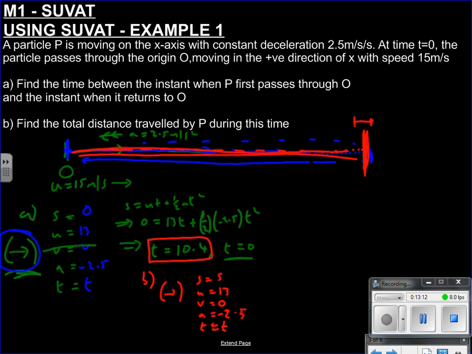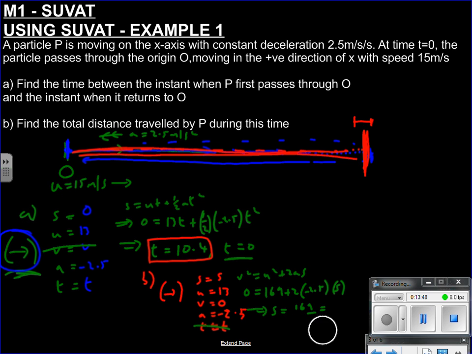So let's carry on with what we have. Okay, so we're trying to find this s, so we don't care about t actually. So we've got v squared equals u squared plus 2as, that's our SUVAT equation. We've got v squared is 0, so 0 equals 13 squared, which is 169, plus 2 lots of minus 2.5 s. And therefore I can rearrange to get s equals 169 over 2 lots of 2.5, just a bit of rearranging.